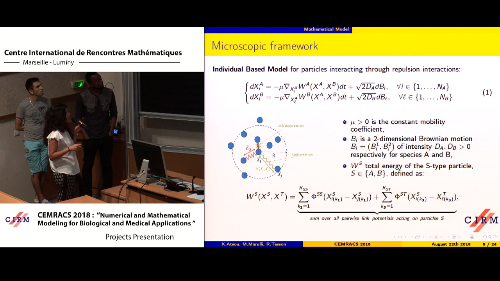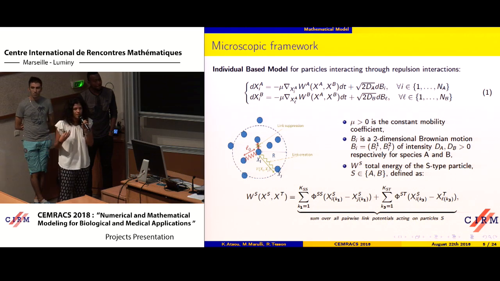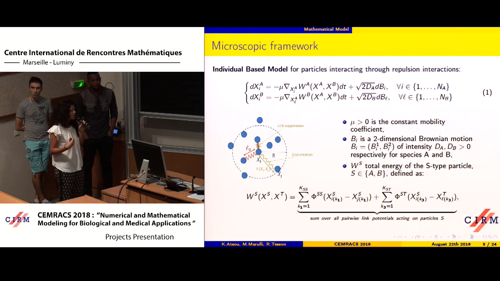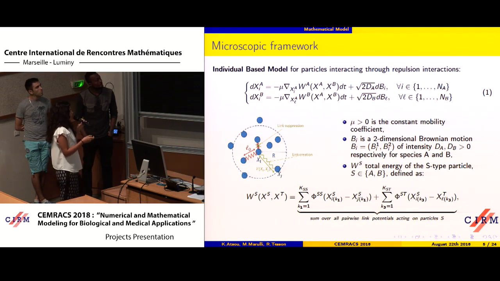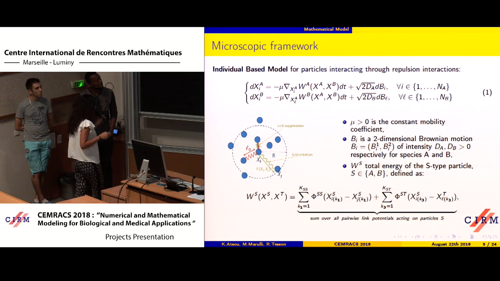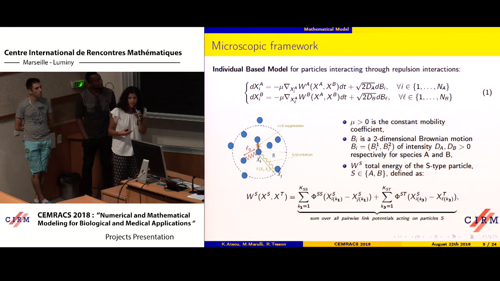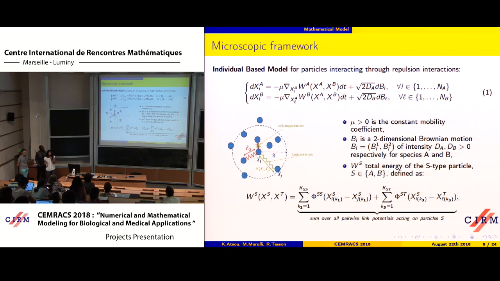And here we have a term of interaction between particles, which can be particles of the same family or the other family. We can imagine that these particles are able to create links between each other, and each link generates a potential.